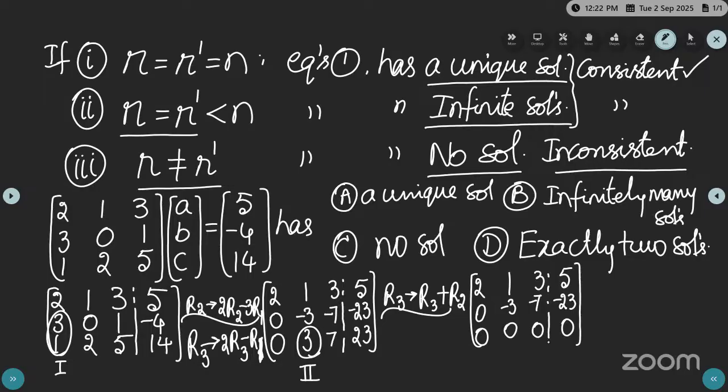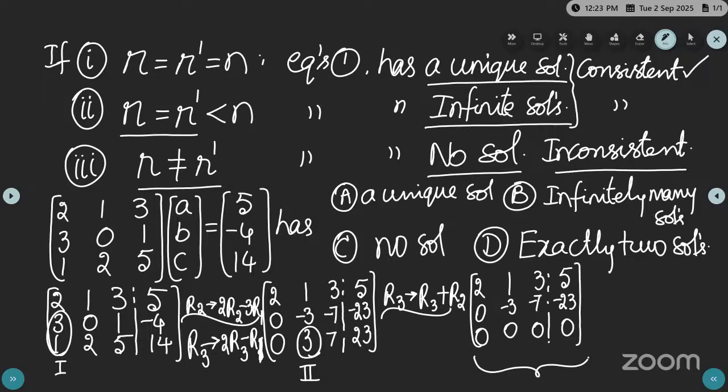So what you can say? In the upper triangular form, how many non-zero, non-equivalent rows are there? So what is the rank of the augmented matrix? Write it.